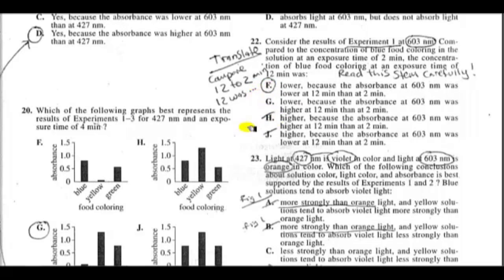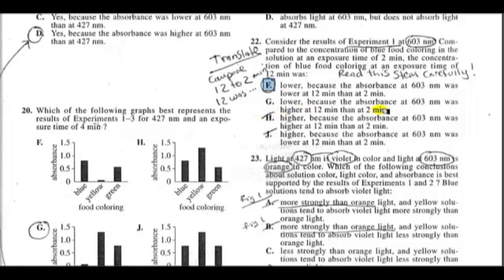So right away we can go ahead and cross out H and J, because if you misread this question stem, you're going to get confused and you're going to choose the wrong one. H and J are out because they're both flip-flopped around. It's either F or G. F says lower because the absorbance at 603 nanometers was lower at 12 minutes than it was at 2. That is right on track and the correct answer. Let's see why G is incorrect.